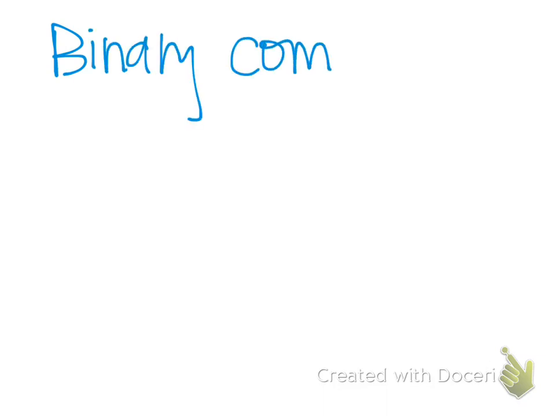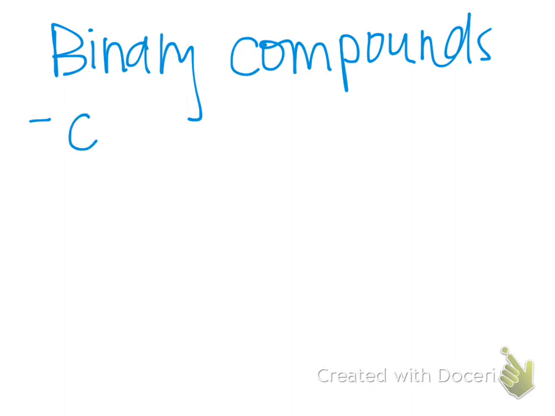Now we're going to start combining elements and what that means and how we name them. So we're going to look at binary compounds. And a binary compound, what do we think the word binary means? 2. Good. So binary compounds are compounds with only 2 elements.